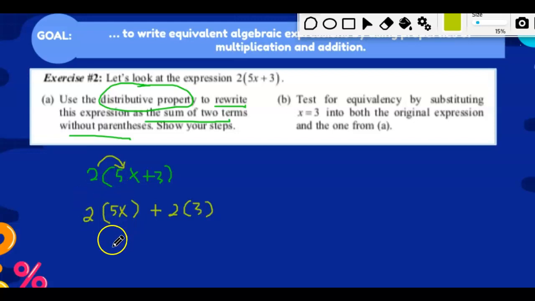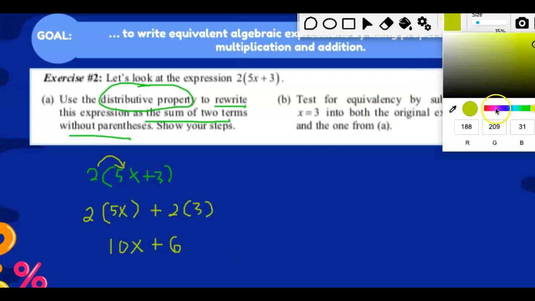2 times 5x is 10x plus 6. Can I make 10x plus 6 to become 16x? Yes or no? No. Why not?